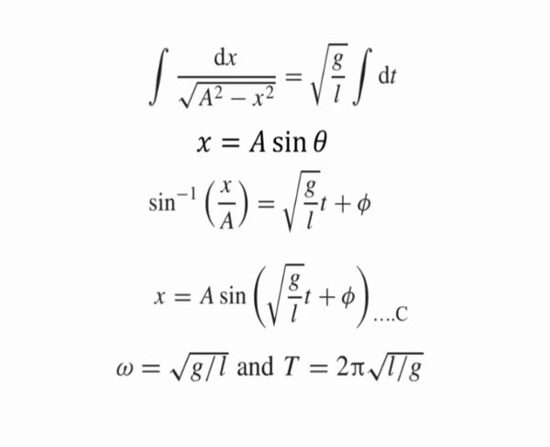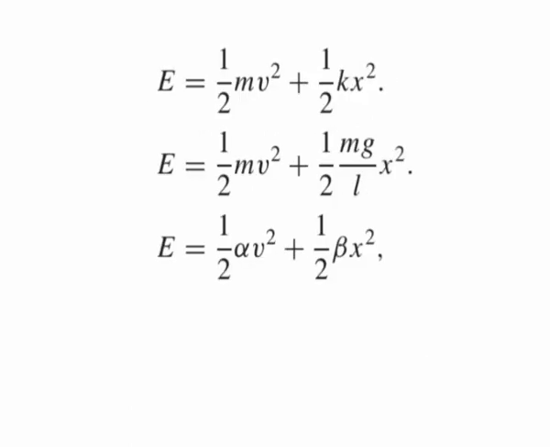One we considered in the earlier lecture, with mass on spring. For the mass on a spring, E = 1/2 mv² + 1/2 kx². For the simple pendulum, E = 1/2 mv² + 1/2 (mg/L) x².